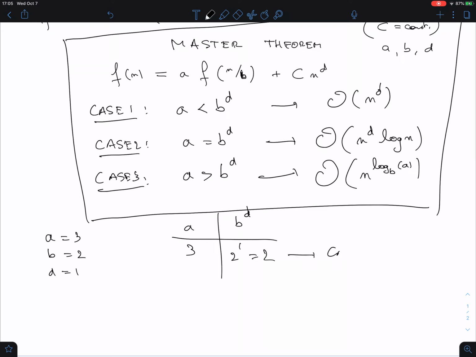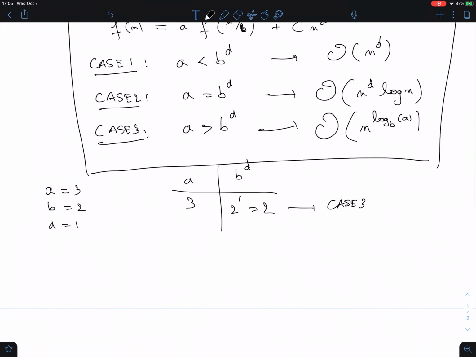We see we are in case 3. a is bigger than b to the d. Okay, so the fast multiplication has complexity O of n to the log base 2 of 3.